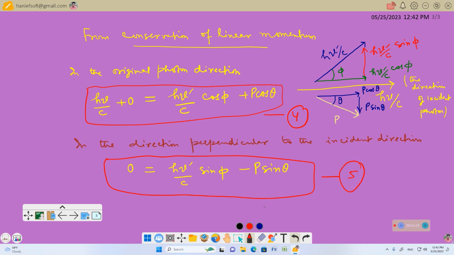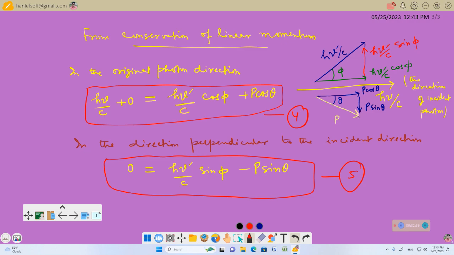So you see, when we used momentum conservation in the original photon direction, these momenta h nu prime by c cos phi and p cos theta were similarly directed. P cos theta is this way, h nu prime by c cos phi is also to the right, but in the perpendicular direction h nu prime by c sin phi is upward, but p sin theta is negative.